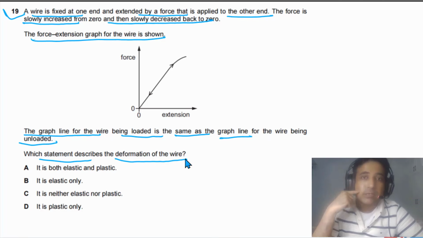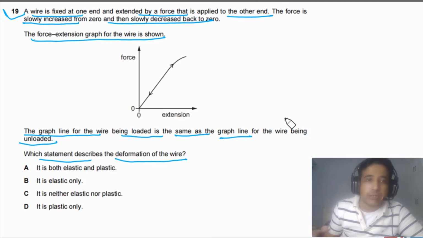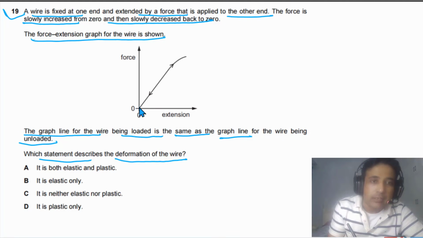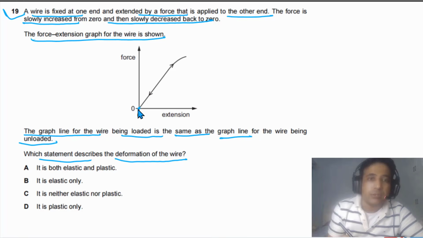So this is elastic deformation, and the same is happening in this case with the wire, because you can see the final extension after unloading is equal to 0. So it simply means that this is elastic deformation.